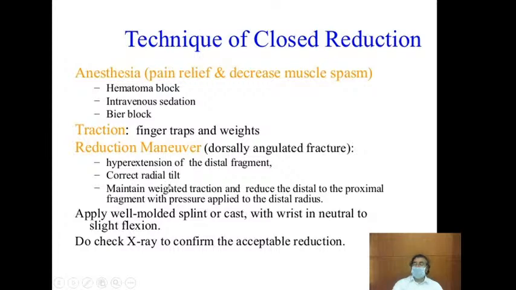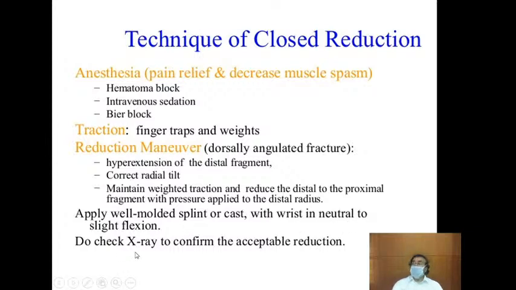And you should correct the radial tilt and then apply a well molded splint or cast. Usually what we do is, if there is a lot of swelling, we put it in a well applied and tight slab, and in 2 days, once the edema comes down, we change it into a below elbow POP cast with wrist in neutral to slight flexion.